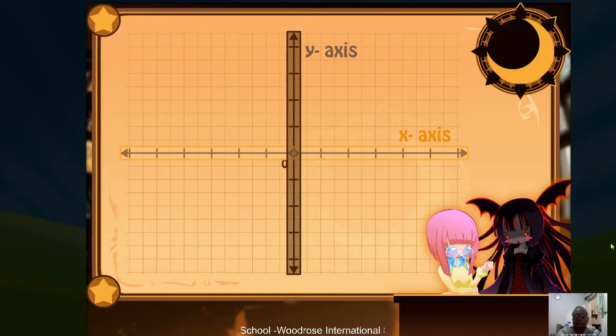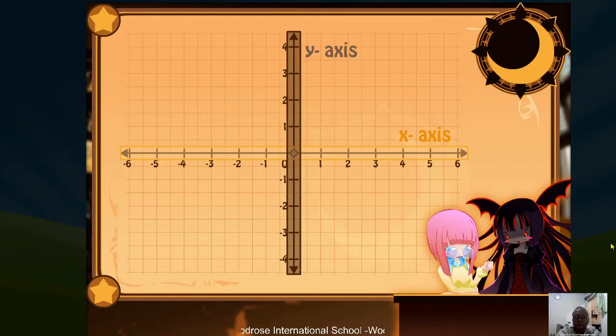To each point of division to the right of 0 or above 0, we associate a unique positive real number. To each point of division to the left of 0 or below 0, we assign a unique negative real number. So the x and y axes are actually real number lines.